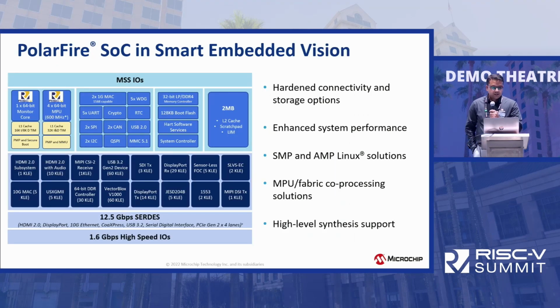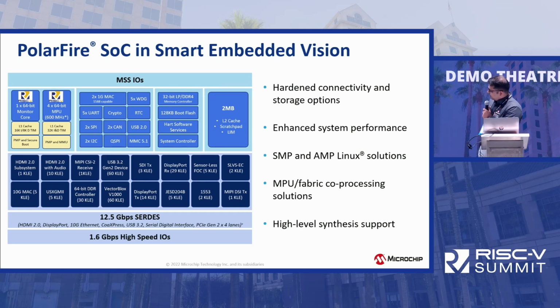So, PolarFire SoC in smart embedded vision. What you see here is a block diagram of our SoC FPGA. It's based on a 5-core, 64-bit RISC-V processor subsystem. All the light blue blocks you see here are hardened IPs available on the device. So we have high-speed interfaces, dual gigabit Ethernet, a PCIe interface, and so on.